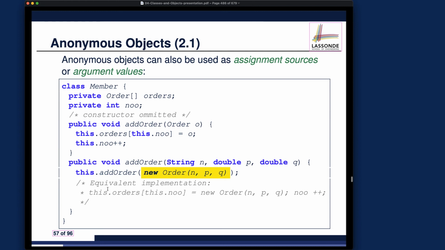So you can see this line here is simply equivalent to: I can store this address, I can put this as a right-hand side. The address of this new object is stored into this position over here, and then increment NO plus plus.